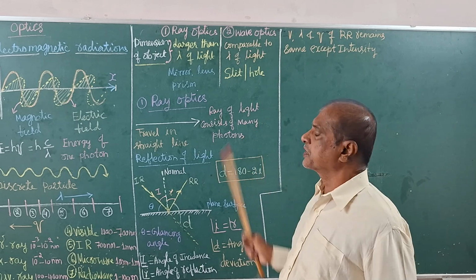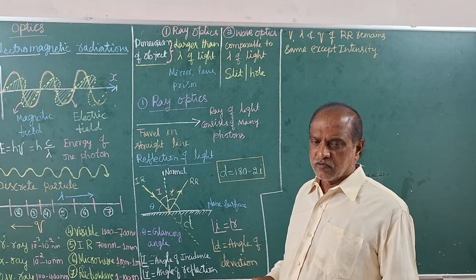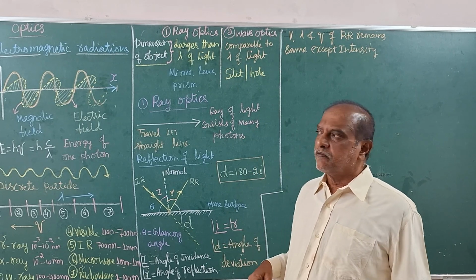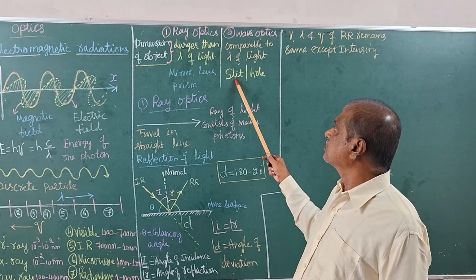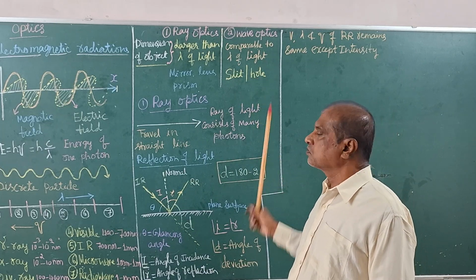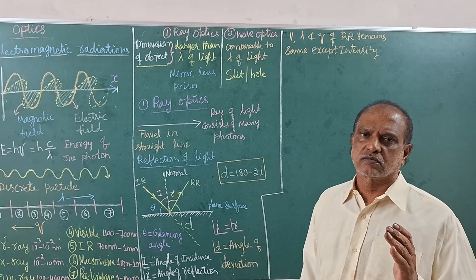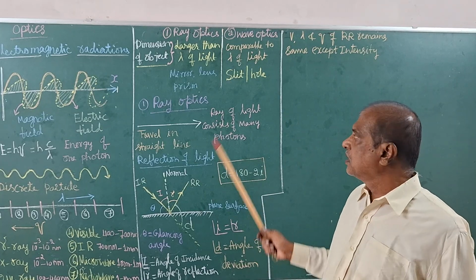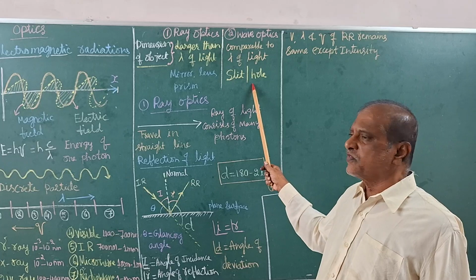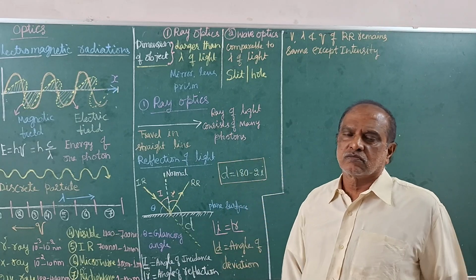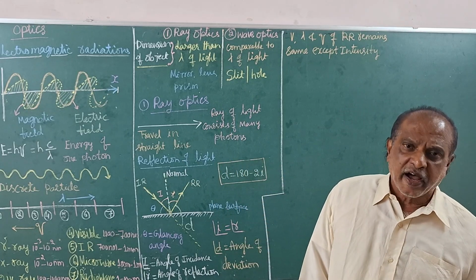What is wave optics? In wave optics, we take an object, that is a slit or hole. What is a slit? A very narrow slit or a hole, a hole of extremely small size. What would be the dimension?